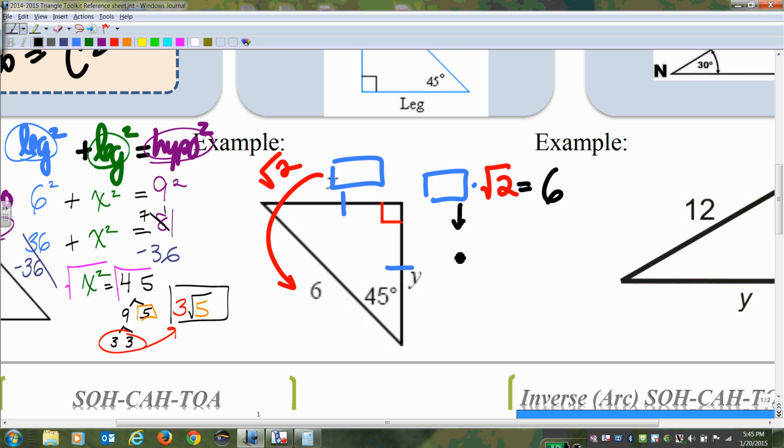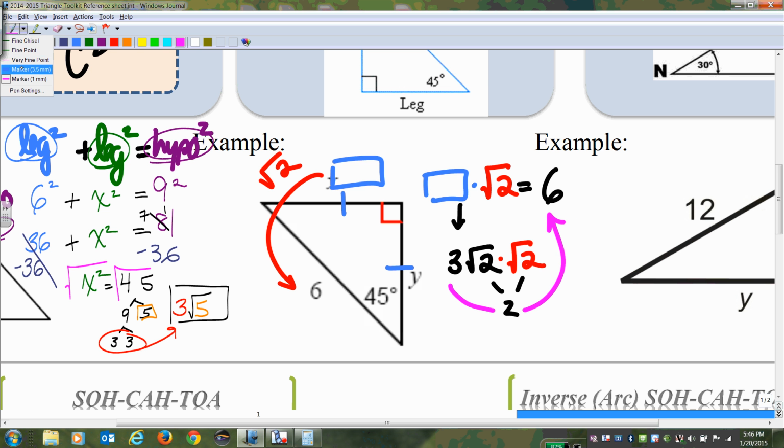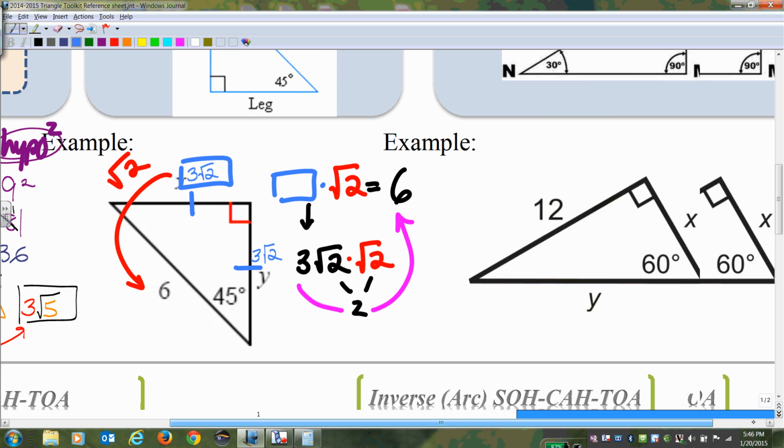And you should recognize that something is going to be 3 root 2, because 3 root 2 times root 2 looks like this. Root 2 times root 2 is 2. 3 times 2, therefore, is 6. So we know here that's going to be 3 root 2, and whatever one leg is, the other one is as well, 3 root 2. That's our second tool.